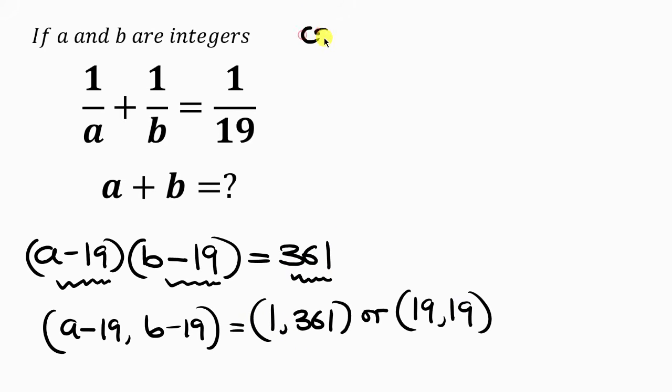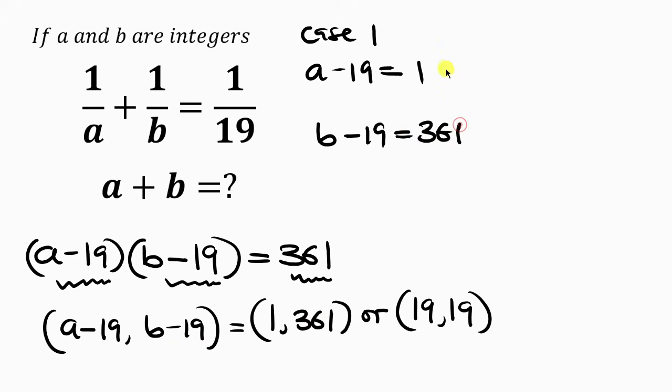So we start with case 1. For case 1, our A minus 19 is equal to 1. Then our B minus 19 is equal to 361. So from here, our A will be, as negative 19 crosses, it becomes 1 plus 19, which results to 20.